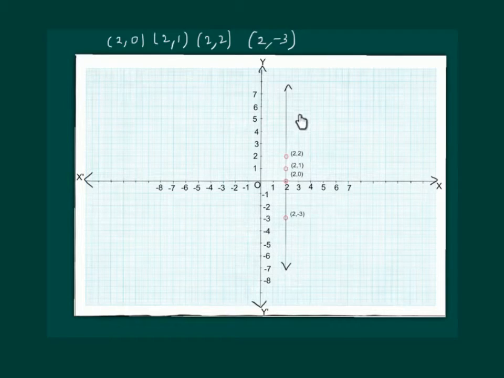Our graph is a line which is parallel to the y-axis, whose equation is x is equal to 2. If we call this line AB, then in the answer we can write that as an equation in two variables, x minus 2 equal to 0 is represented by a line AB parallel to the y-axis.